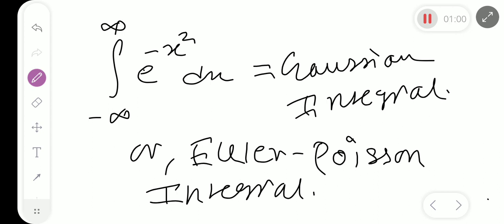So basically, in this lecture, I will discuss how to integrate e to the power minus x square dx, from minus infinity to infinity.